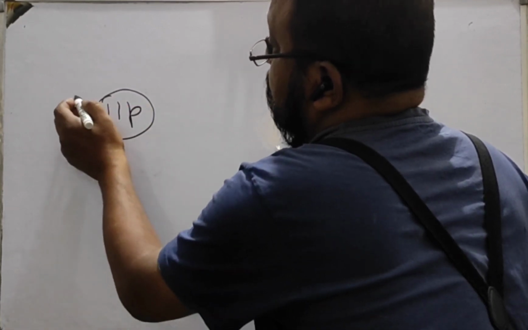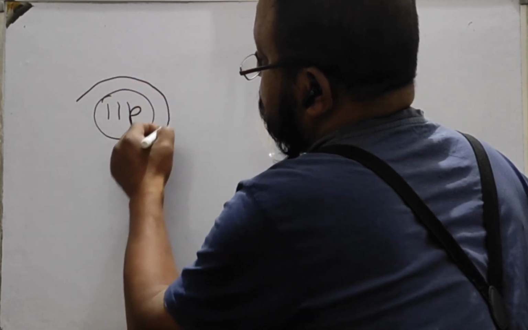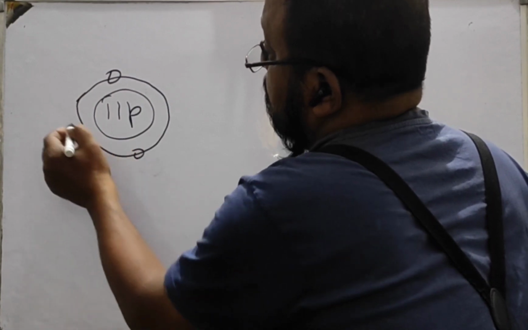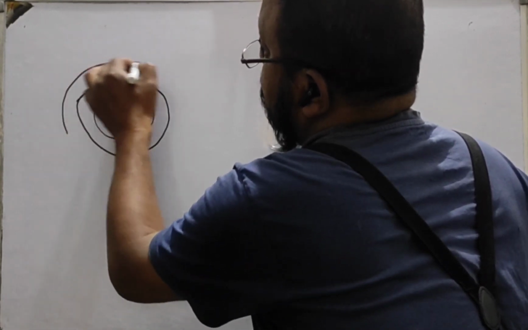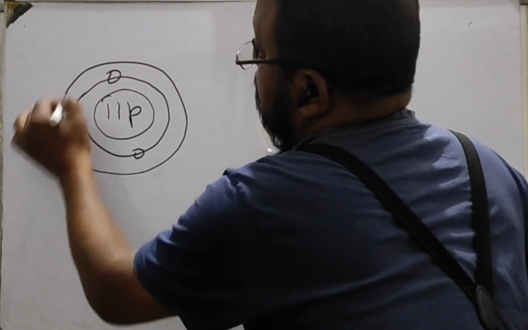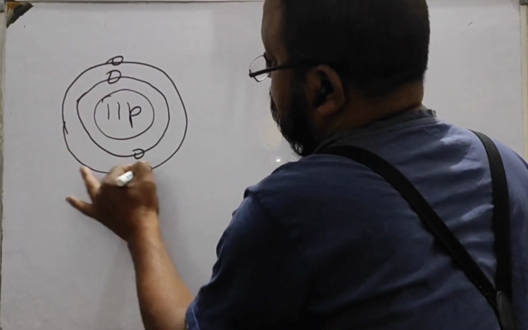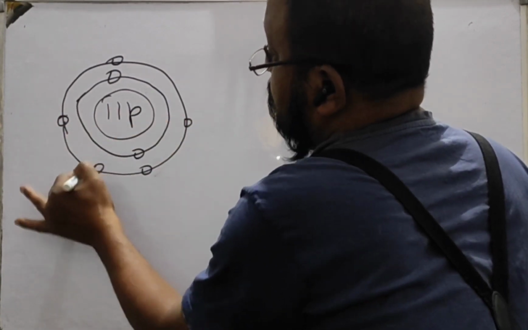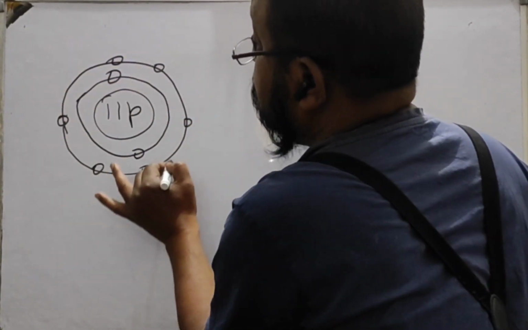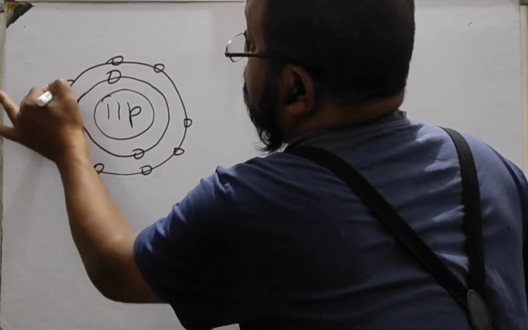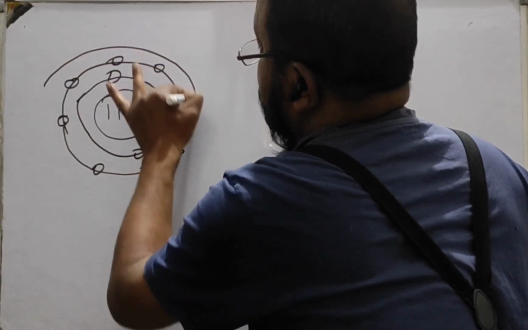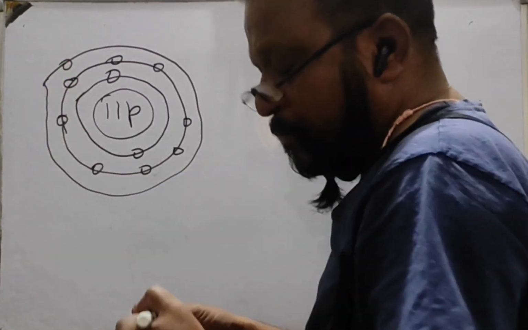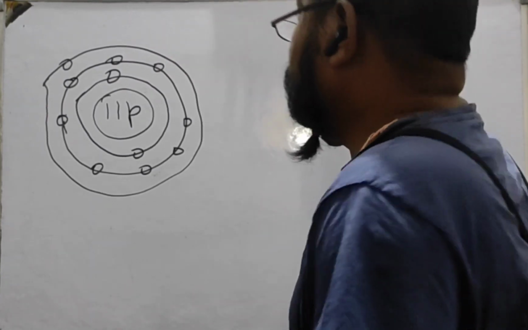The first shell has two electrons, the second shell has eight electrons, right? And in the outermost shell, it has one electron, right?